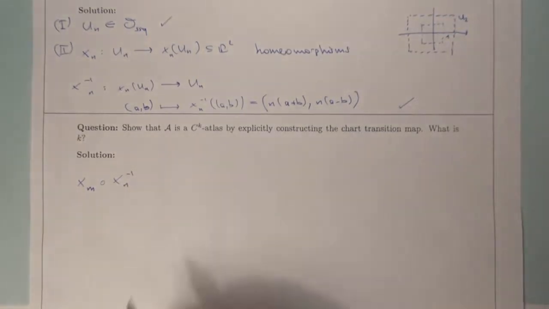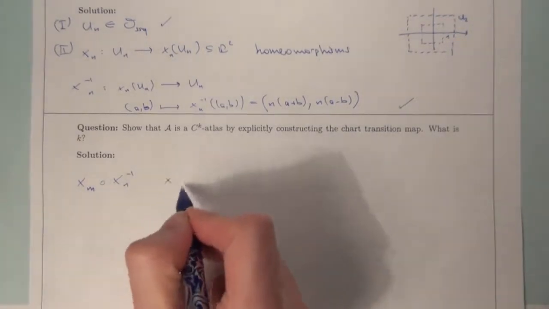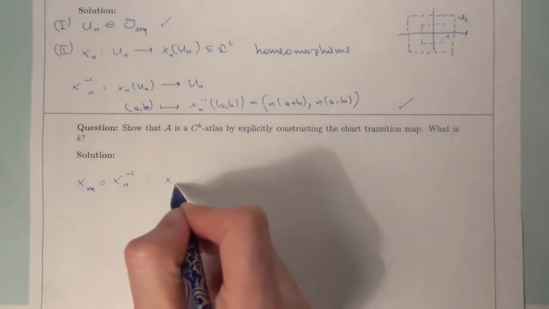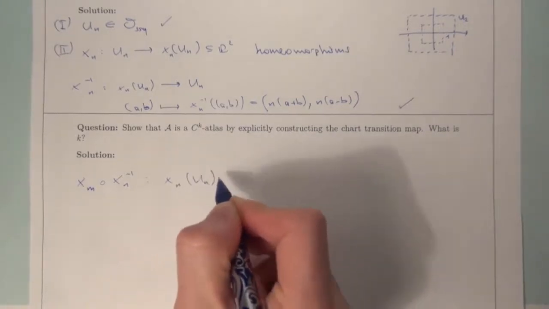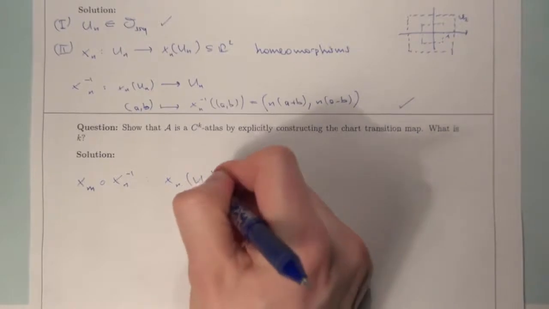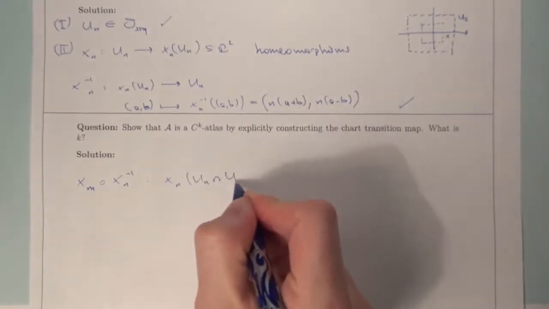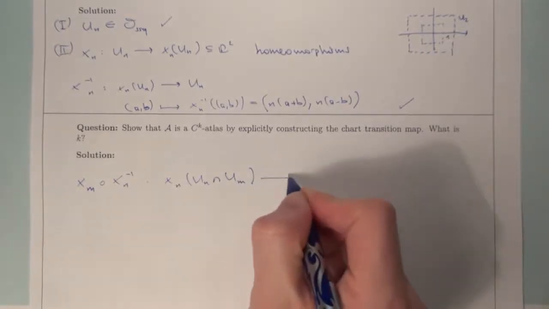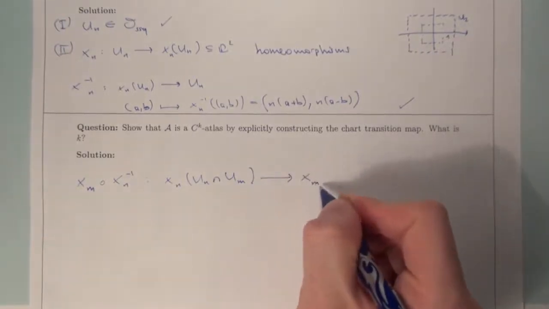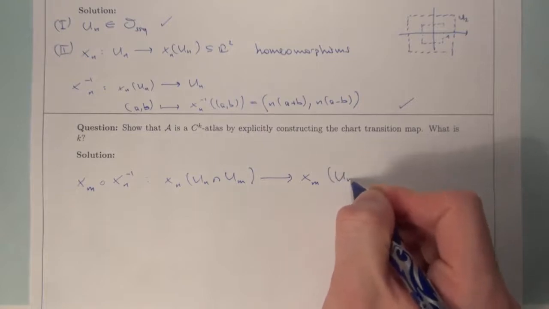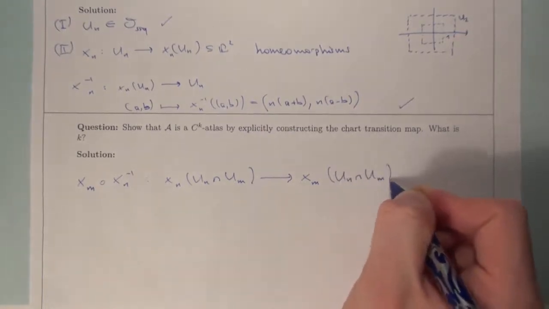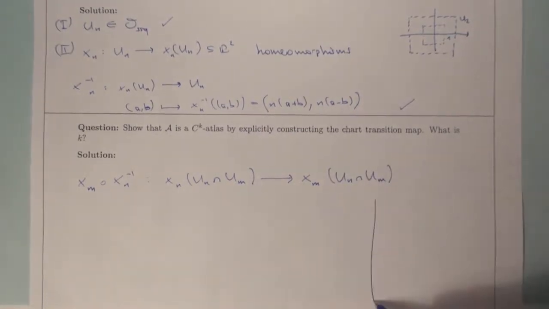I'll draw the picture in a minute, and we need to have this from x_n of U_n intersected with U_m, and this goes to x_m of U_n intersected with U_m.